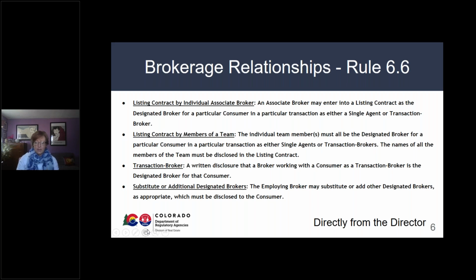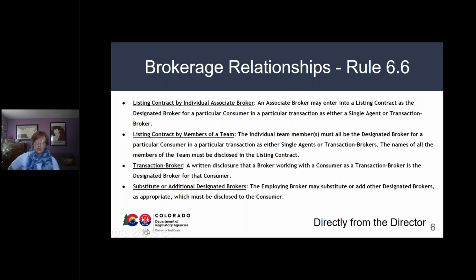So as a team, you cannot be a single agent for a seller and a single agent for a buyer in the same transaction, because essentially then the team is functioning as dual agents, and that's not allowable. As far as brokerage relationships are concerned, a real estate broker can function in one of two manners. You're either a single agent or you're a transaction broker.